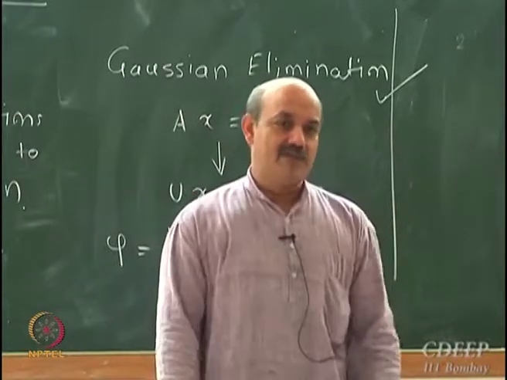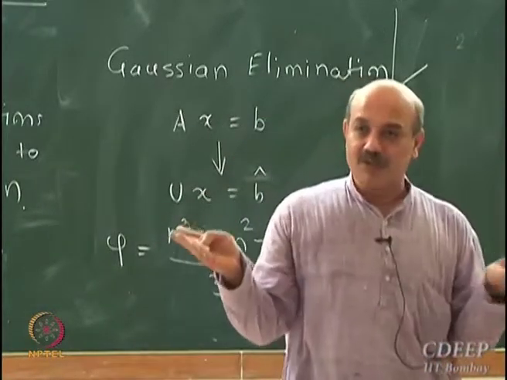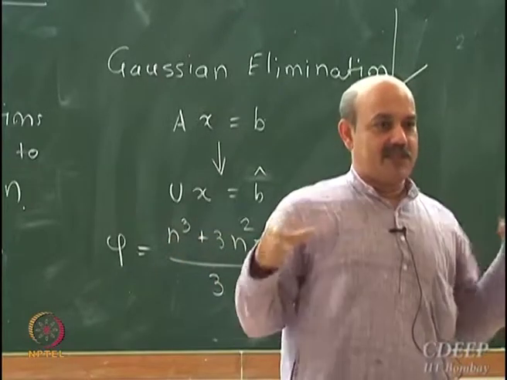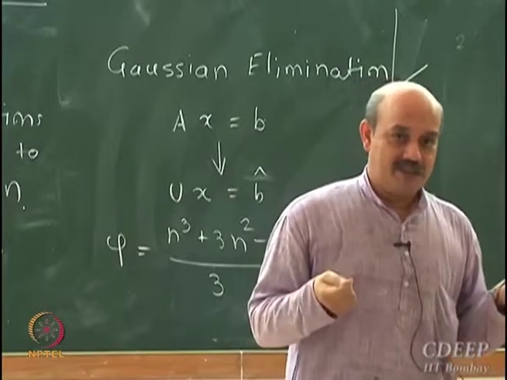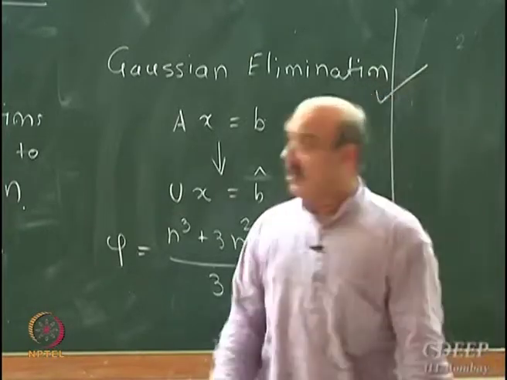Sparse matrices are ones which are filled with a large number of zeros, and they may have some nice structures. If you exploit these structures, you can come up with direct methods.